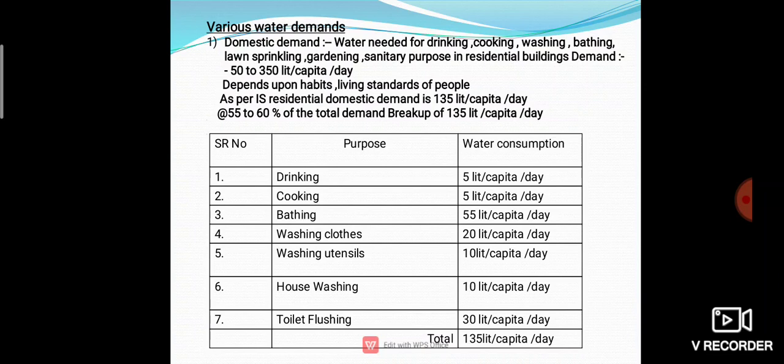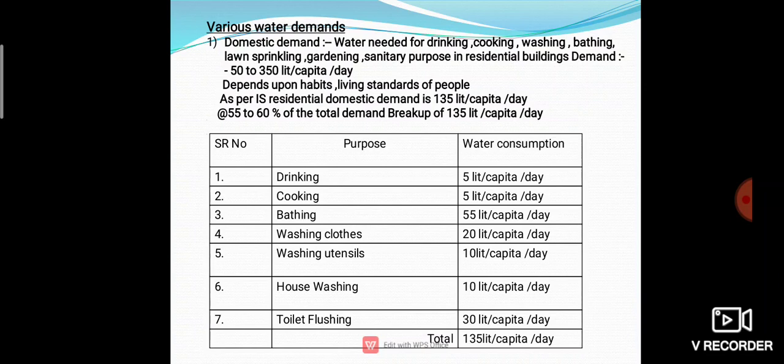Domestic demand means water needed for drinking, cooking, washing, bathing, lawn sprinkling, gardening, sanitary. Residential building demand is between 50 to 350 liter per capita per day, and it also depends on the habits of people, living standards of people, and seasons. After that miscellaneous uses are also there.